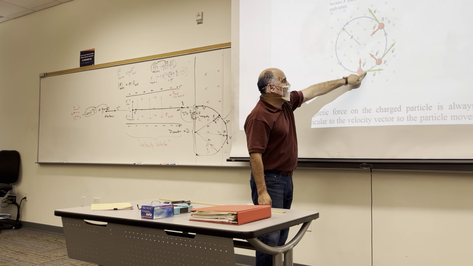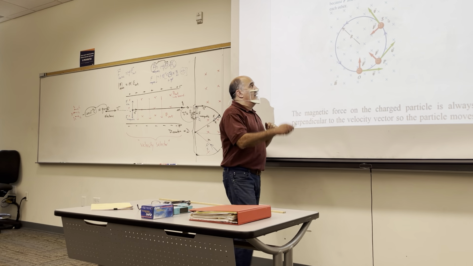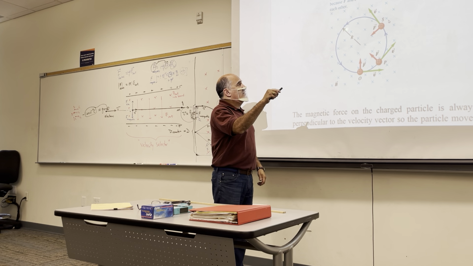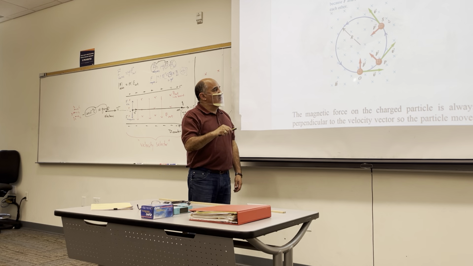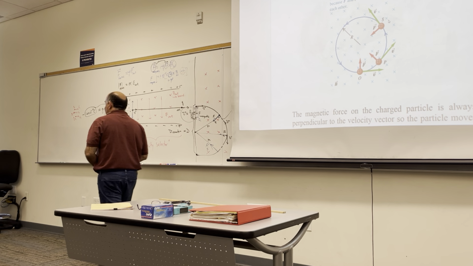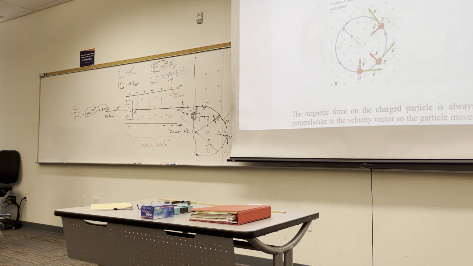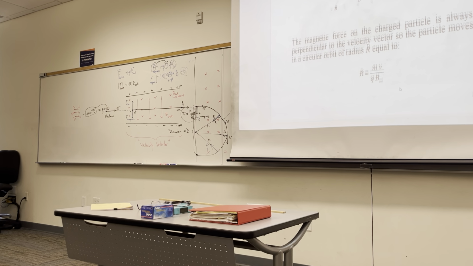That force is perpendicular to the velocity. It'll just make it go in a circular path. And it'll go around. And you can measure then the radius of it, or relate the radius to the charge and to the mass and the speed. And just F equals ma for uniform circular motion. And you end up with a formula like that.